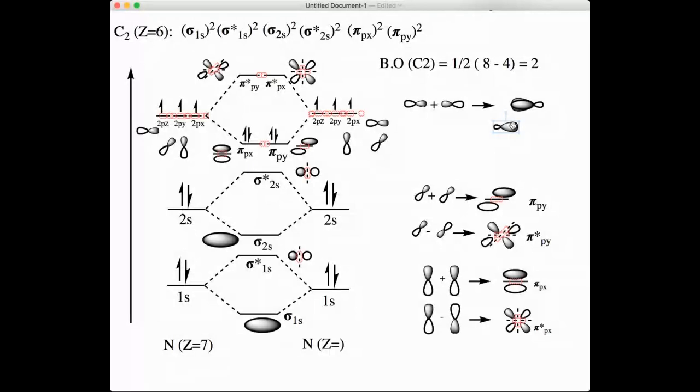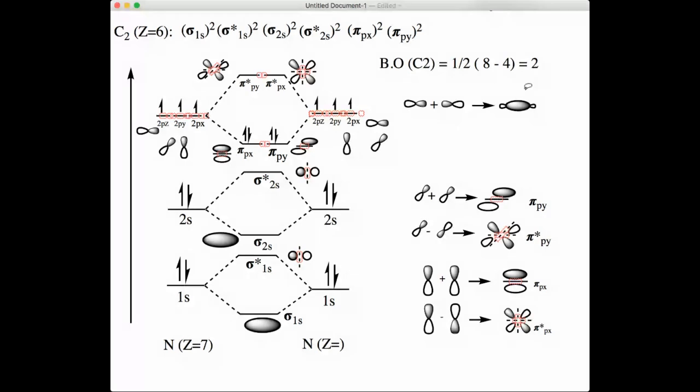I try to do a better job here, drawing this. That looks prettier. This is exactly how I wanted it to look. That's exactly a sigma because it's cylindrically symmetrical.